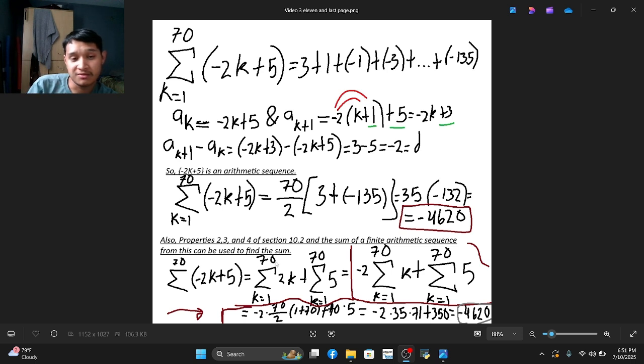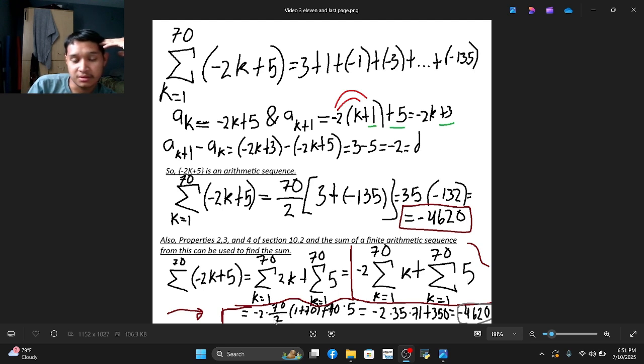And we have the summation up to 70 in terms of 2k plus the other one. And then we do this wonderful thing: we just multiply this negative 2 in front of the sigma notation, and we start working from there.